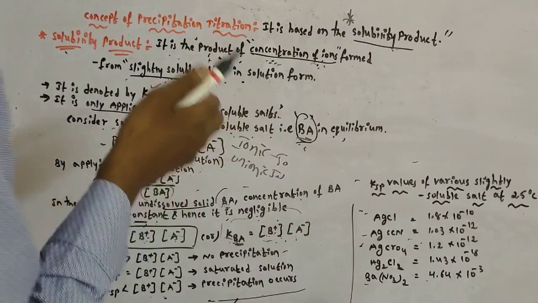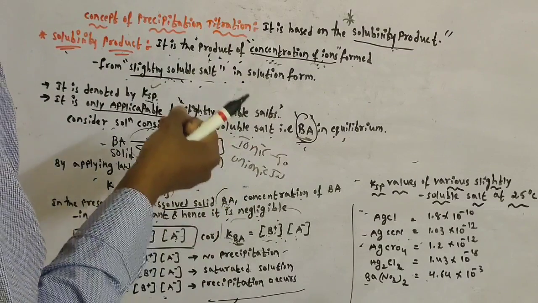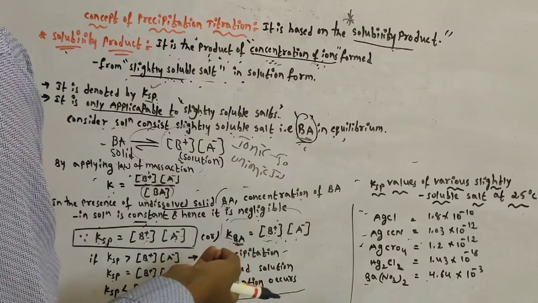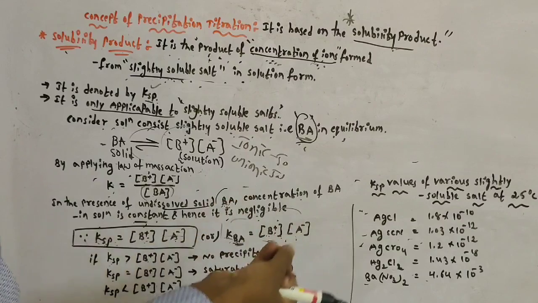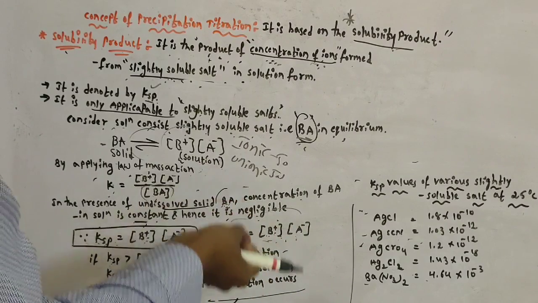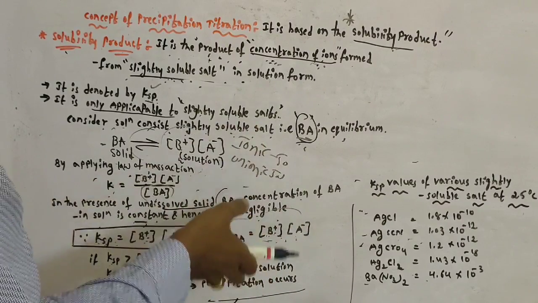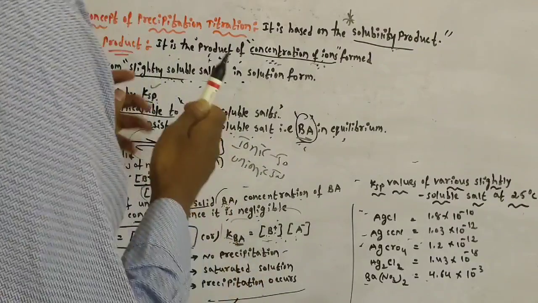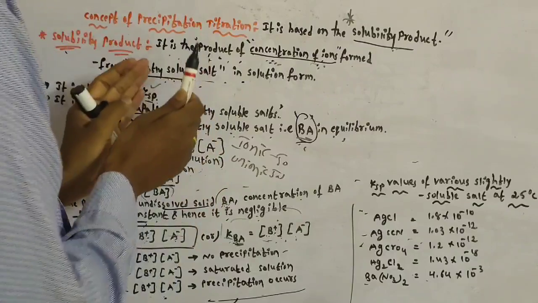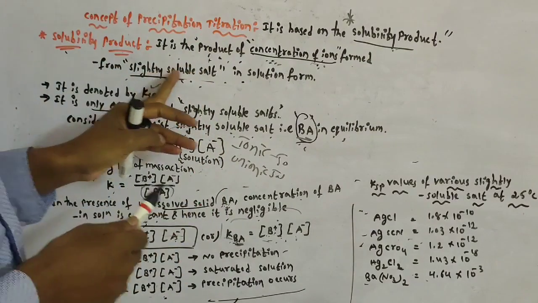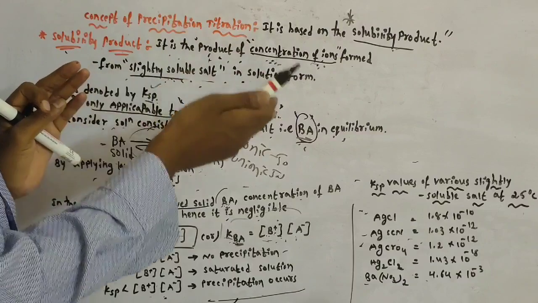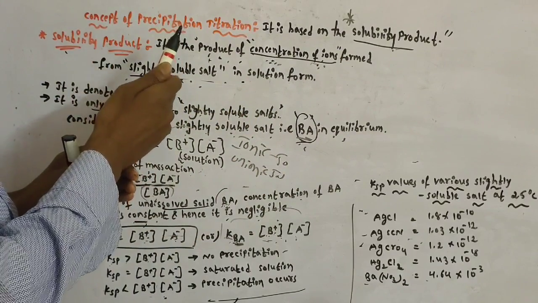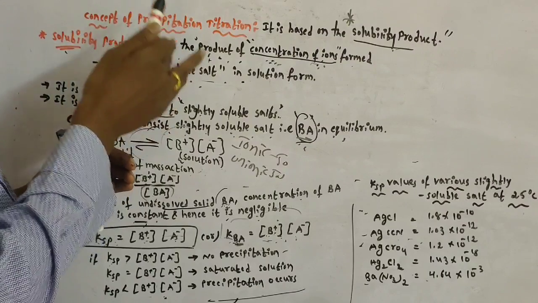Precipitation occurs when the dissolved ions in solution are in excess, meaning the undissolved form is high. If the concentration of dissolved forms is less and the undissolved form is high, then precipitation occurs. For a sparingly soluble or slightly soluble salt, only a few percent is available in ionic form and the remaining is undissolved, so most of it is available in undissolved form only.